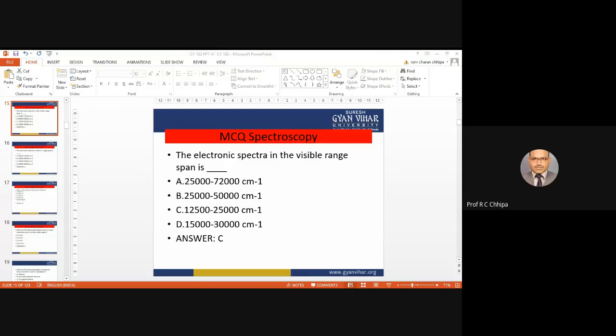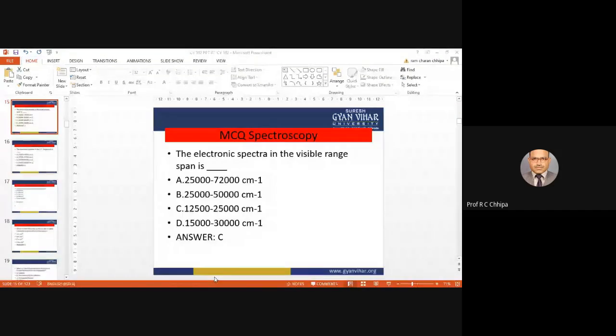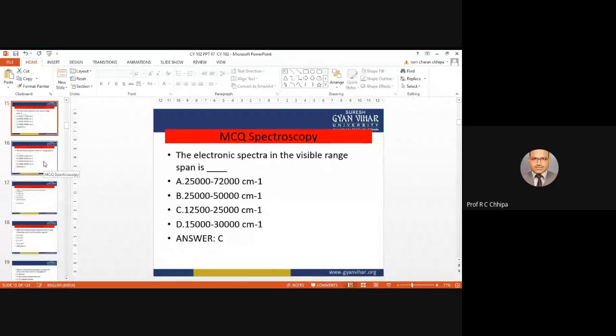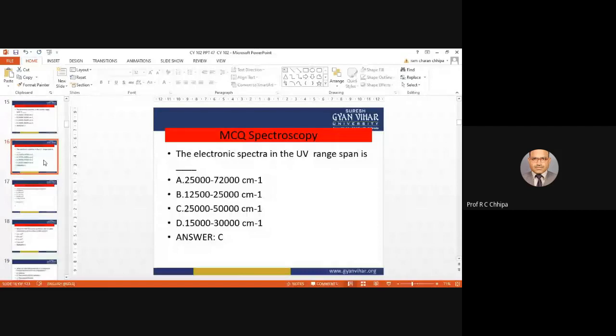Similarly, I have also given another question. This is the UV. So what is the range of the UV? This is electronic spectra, which we have already discussed.